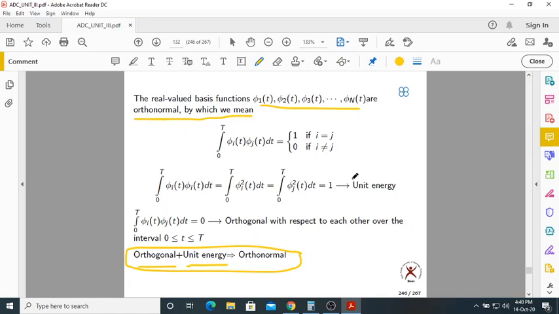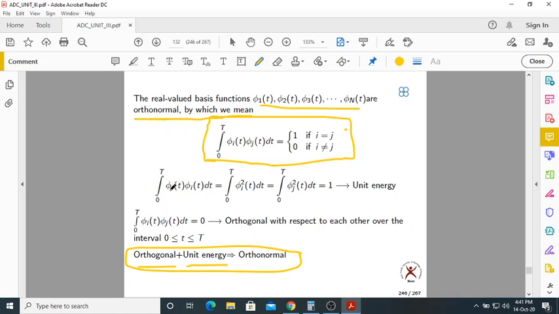What do you mean by orthogonality? It means perpendicular. So if we integrate from 0 to T phi i of t phi j of t dt, it equals 0 if i is not equal to j, and 1 if i equals j. This is simply the definition of orthonormality. Let me explain this. Suppose i equals j, both signals are the same. Then what happens?